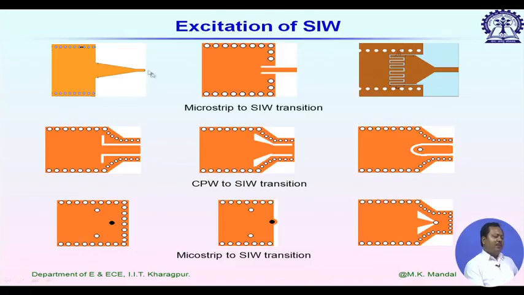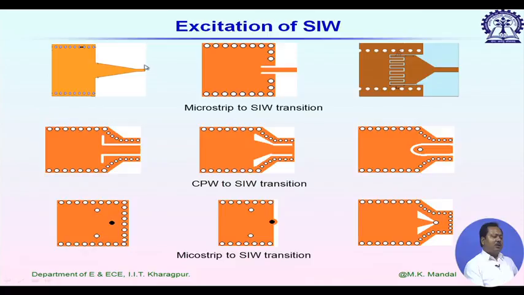One point, we have to convert the mode, and the second point is impedance matching. For example, for this first design, you can identify on the left side one substrate integrated waveguide structure which supports TE10 mode, and on the right side we have a 50 ohm microstrip line.